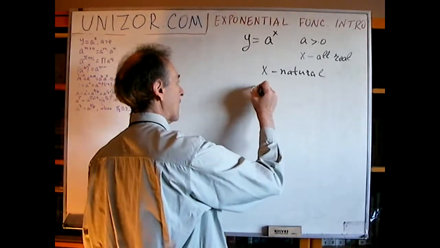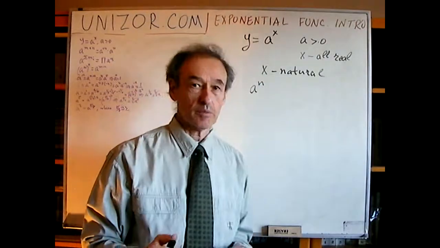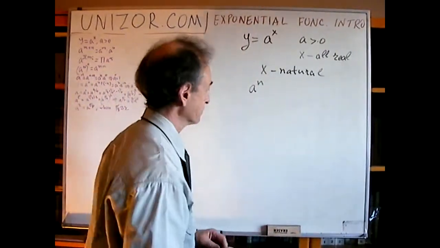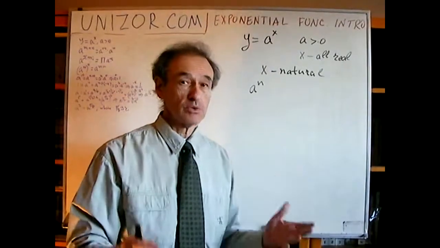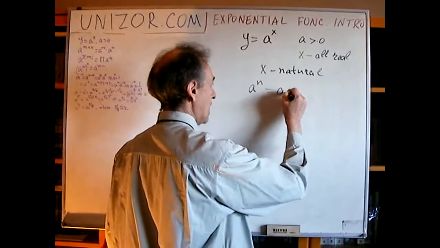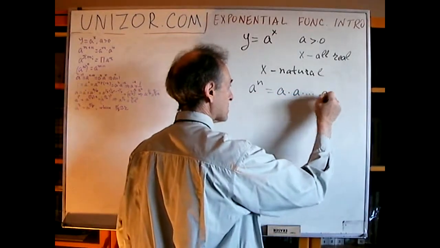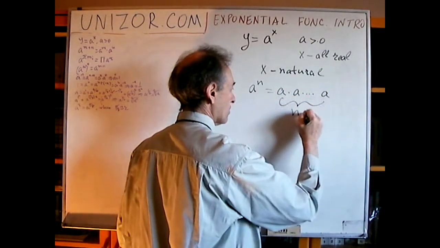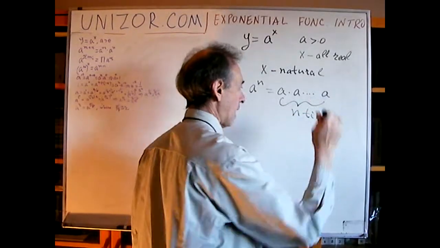So let's talk about a to the power of n, where n is natural number. Actually, we do know what that means. By definition, this is a times a, etc., times a, n times. Now, that's easy.